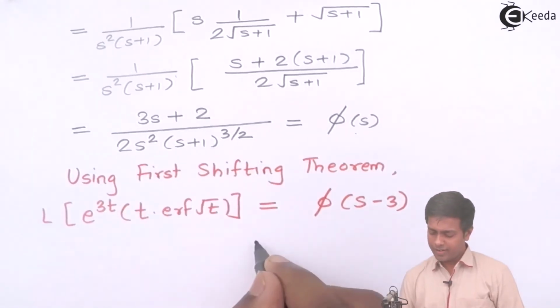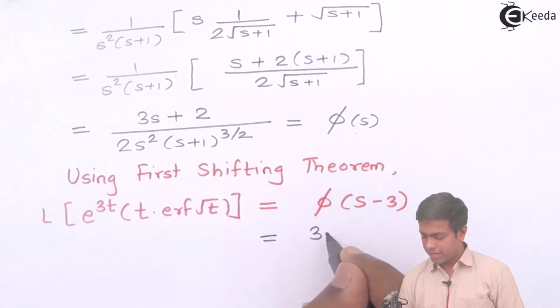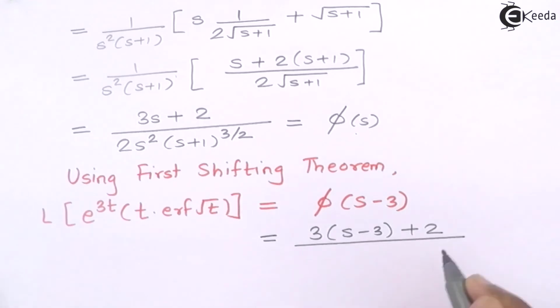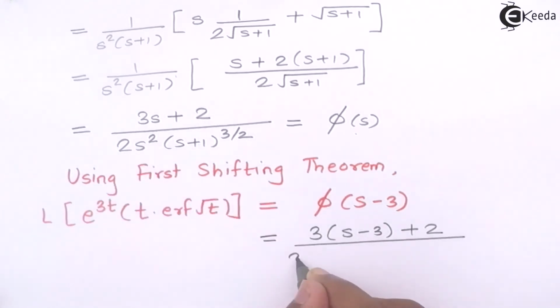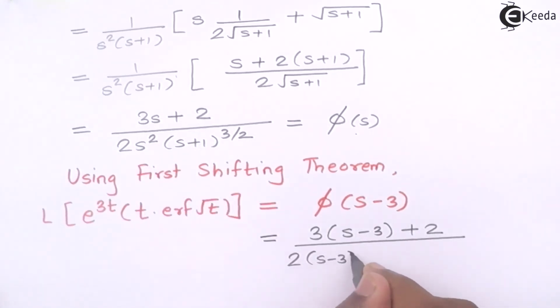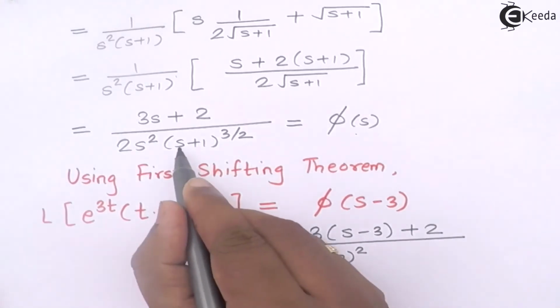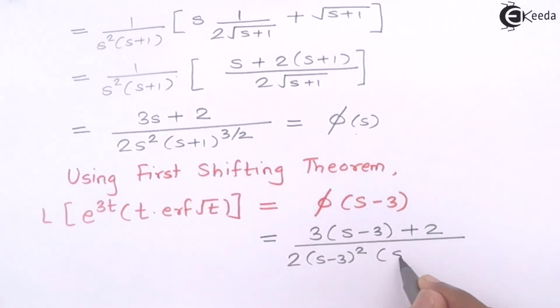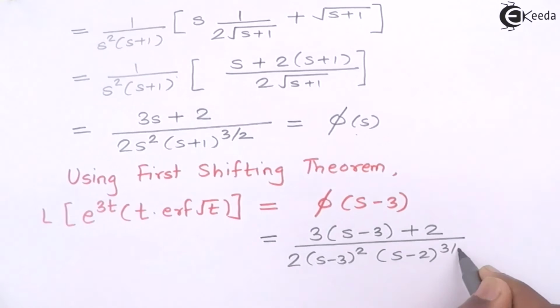So this will be 3 times s minus 3 plus 2 upon, here we will get 2 times s minus 3 the whole square into, this will become s minus 3 plus 1. So s minus 2 raised to 3 by 2.